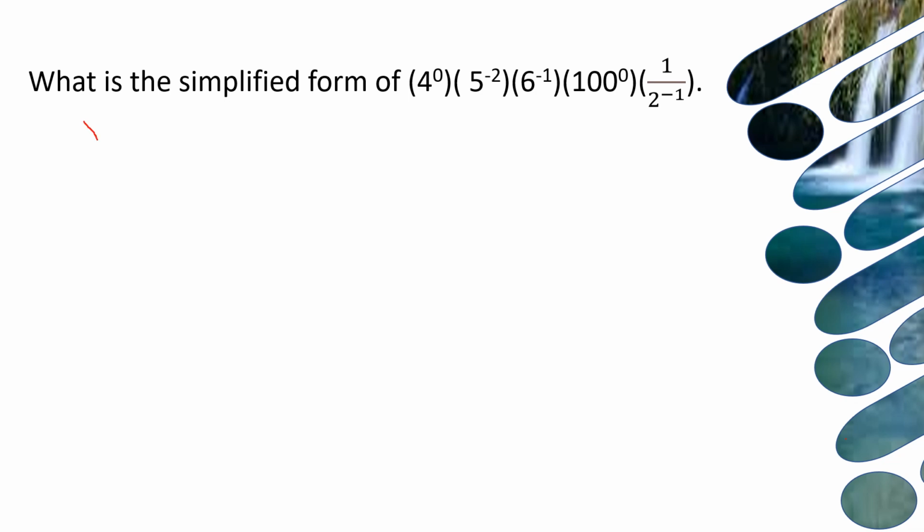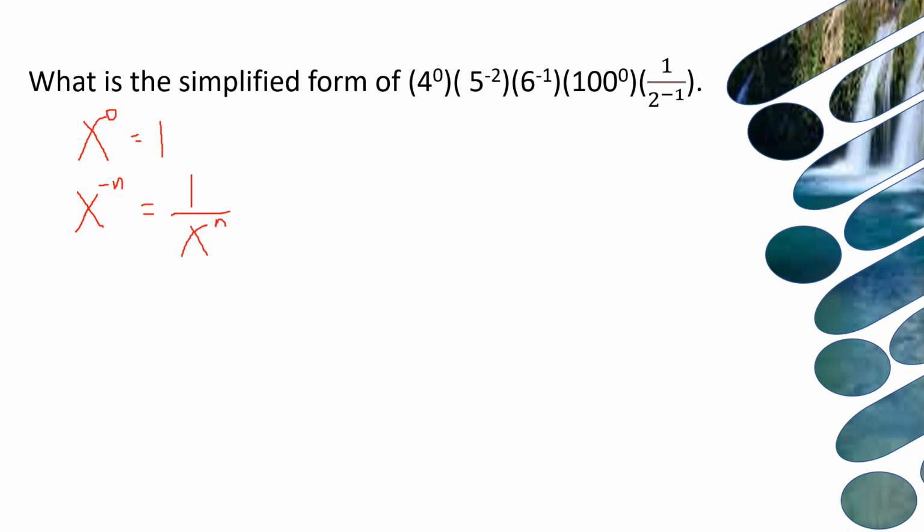Based on the laws of exponents, any number raised to 0 is equal to 1. And any number raised to a negative exponent, say x raised to negative n, is equal to its reciprocal raised to the positive exponent.